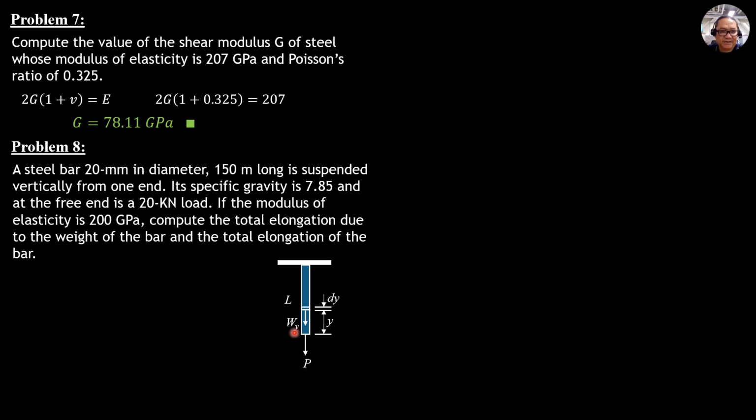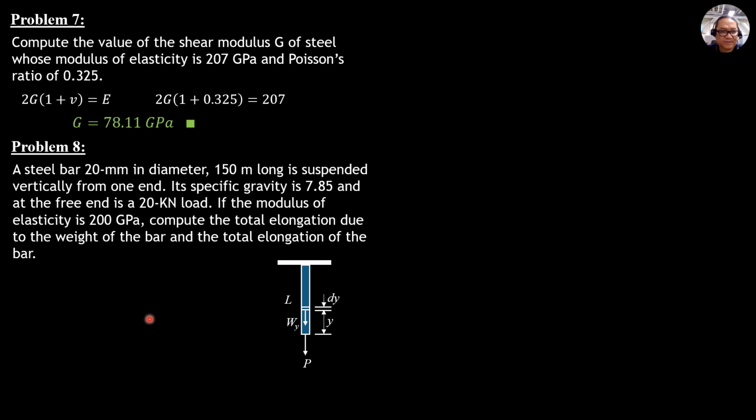This portion has a weight Wy, equal to the specific weight of steel, 7.85 times 9,800 to convert it to newtons per cubic meter, times the volume, which is cross-sectional area times y.